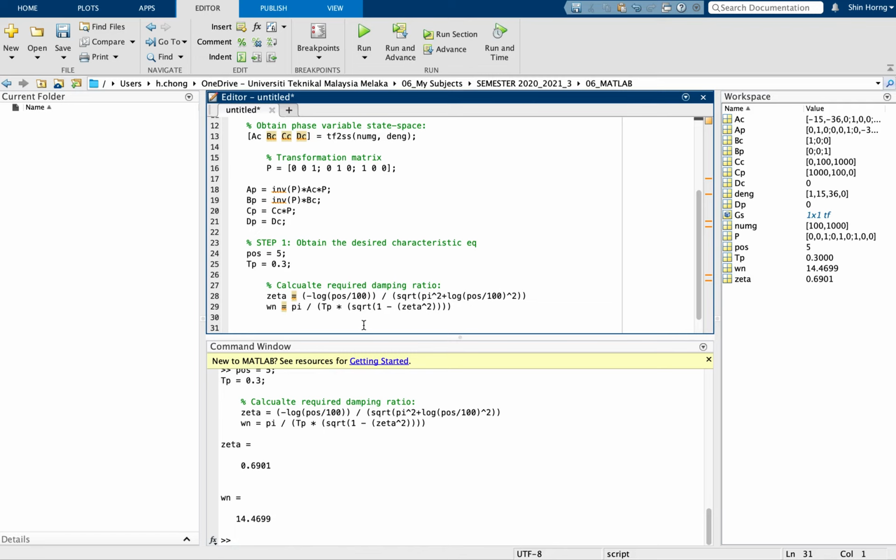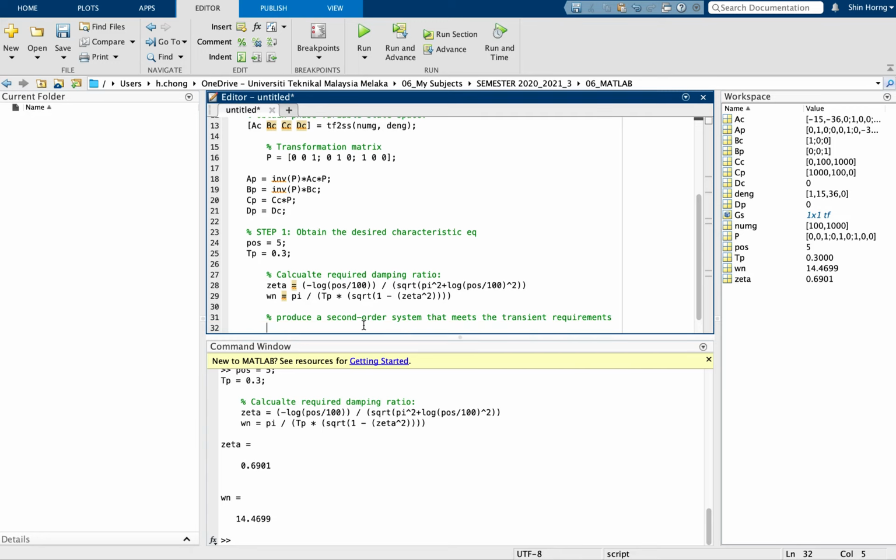Now we have to get the equation. We have yet to get the equation, so now we need to produce a second order system that meets the transient requirement. I can use the ord2 command, ordinary to second order.